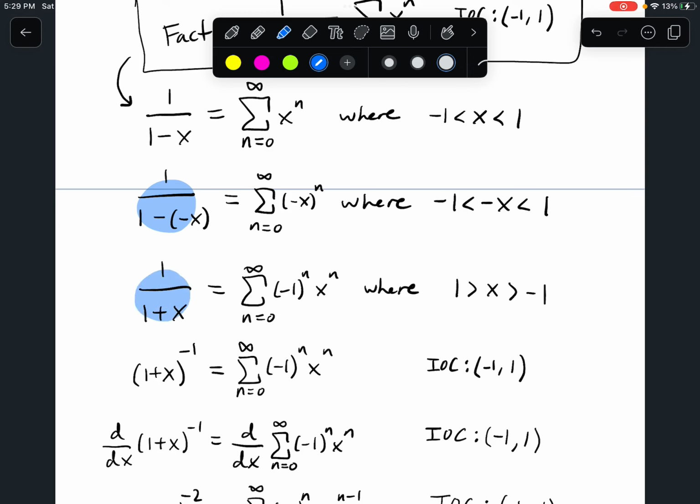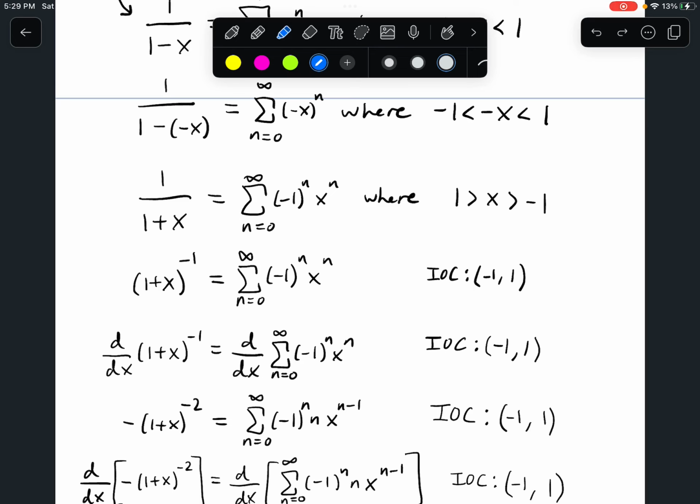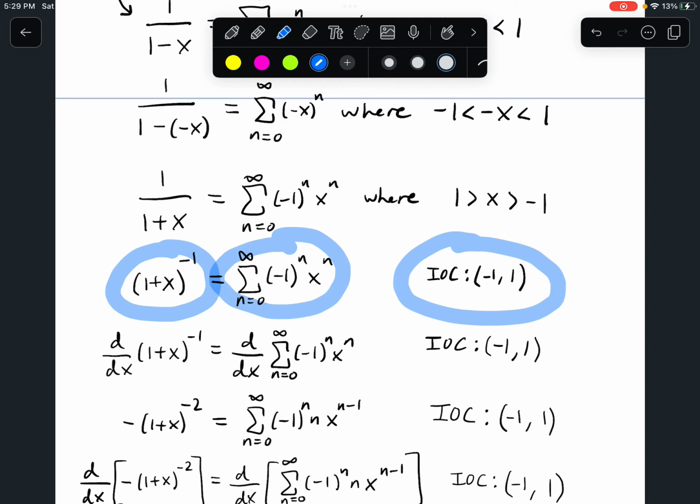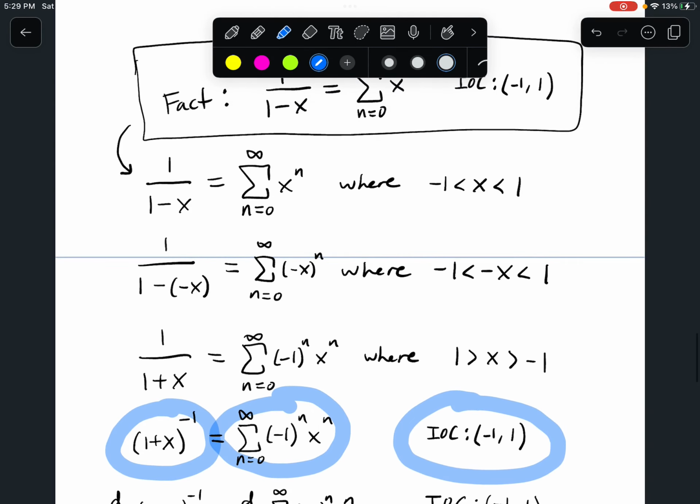And we can take out the -1 from the negative x term. And we can also divide by -1 to get this. Simplifying even further, well, we can write this as a negative exponent. This stays the same. And we can just write this as an interval of convergence. And you can see that the interval of convergence is actually the same as it was up here.